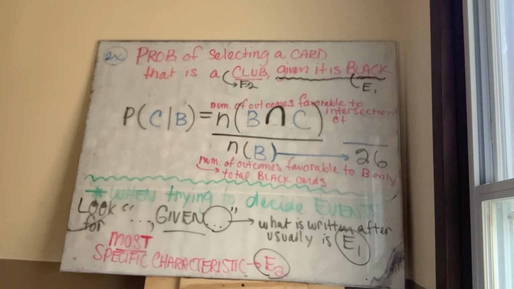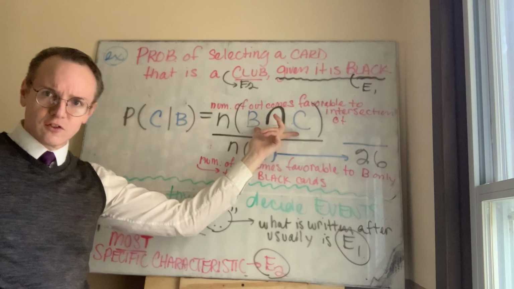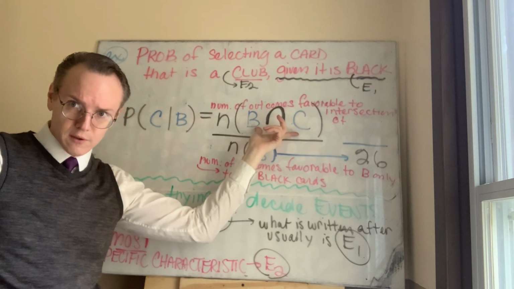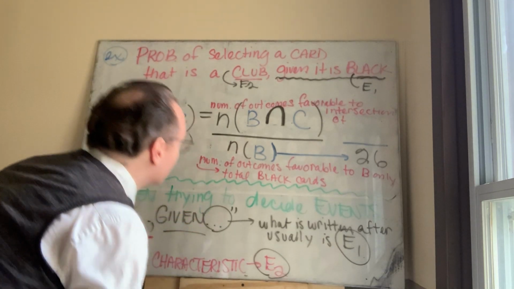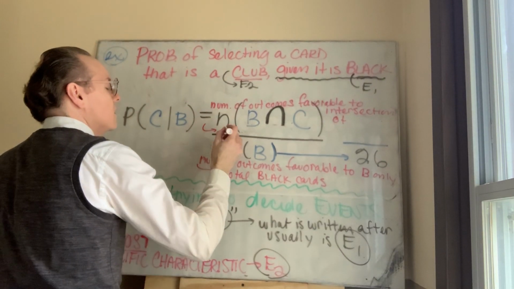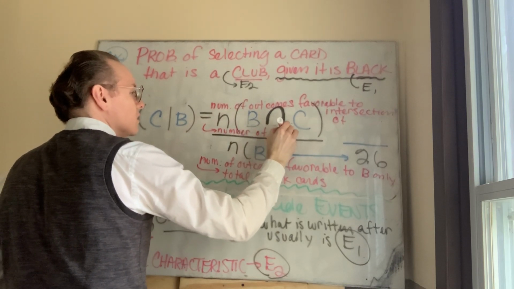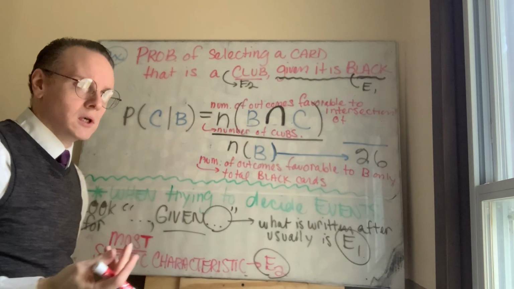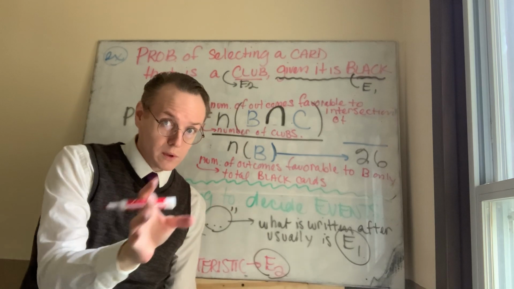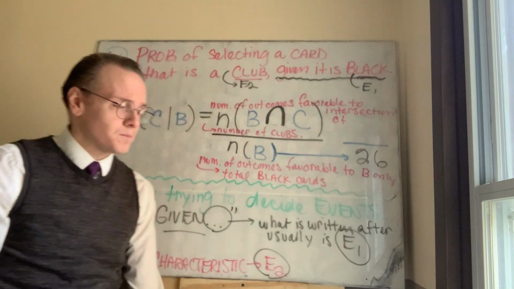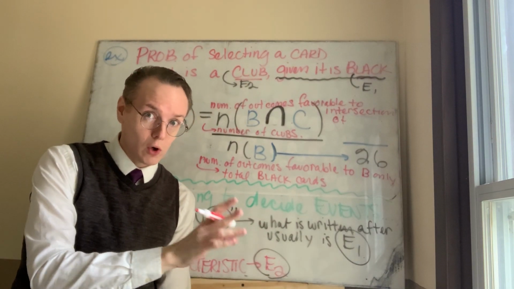Now, as far as the intersection of black cards and cards that are clubs, that's really just saying, what is the number of clubs? Because in fact, all cards that are clubs are also black, and we only are interested in the clubs. The reverse could not be said. Not all cards that are black are clubs, but all clubs are indeed black.